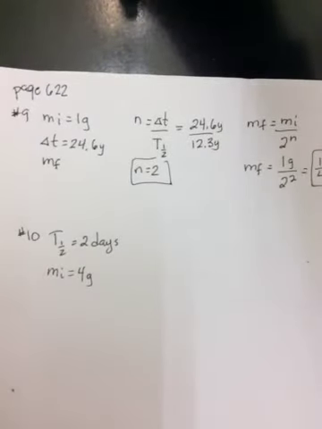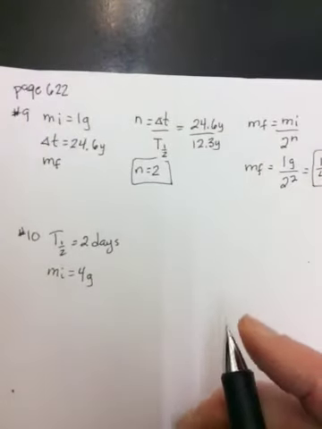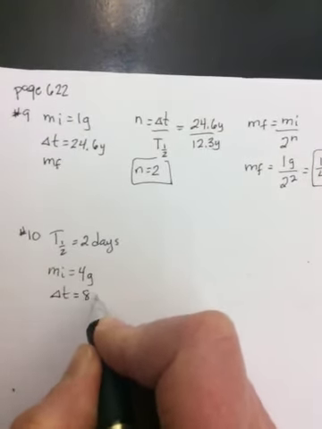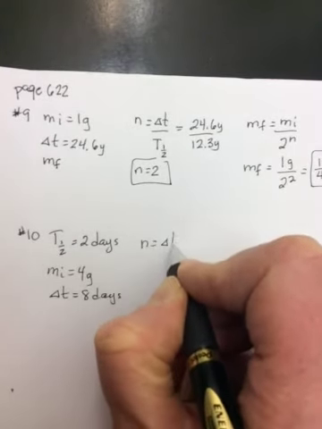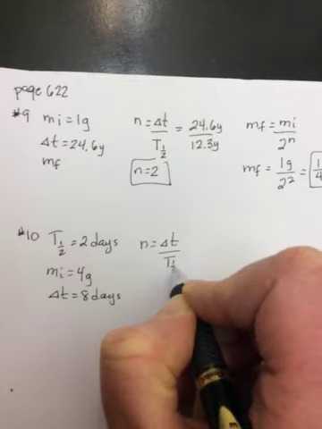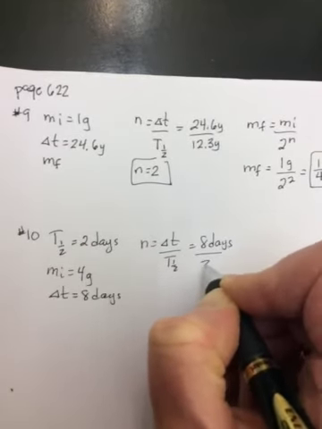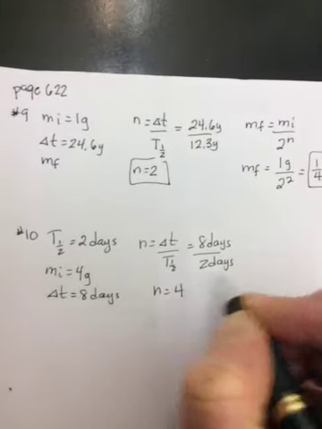What will be the mass of neptunium remaining on Tuesday of the next week? So Tuesday of the next week will be 8 days later. Okay? And so our number of half-lives, delta T over T to the 1/2, is equal to 8 days divided by 2 days, higher order math here, and you get 4 half-lives.